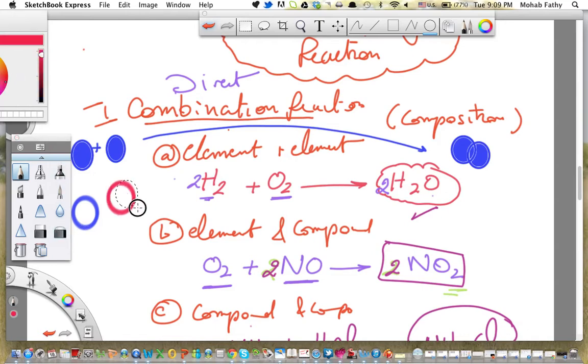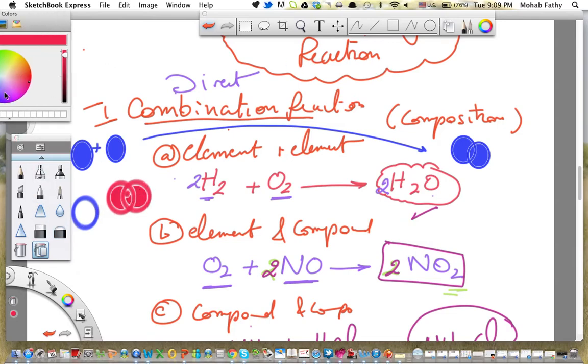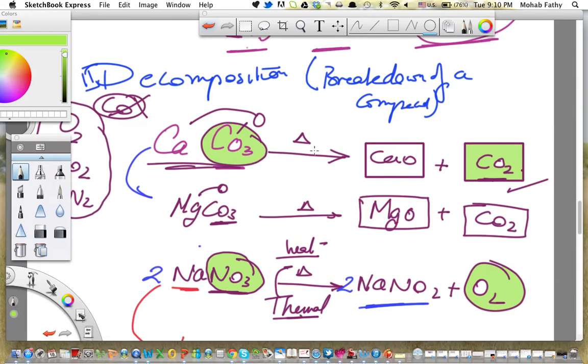So this element combined with this compound, and when they combine together, they give a compound. The last one was an example of compound and compound. I have a compound here and another compound here, and they react together to give a compound. So it's direct combination.